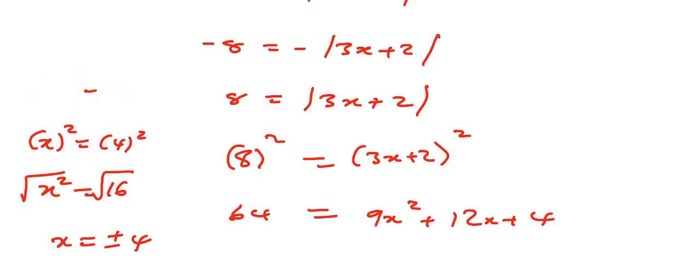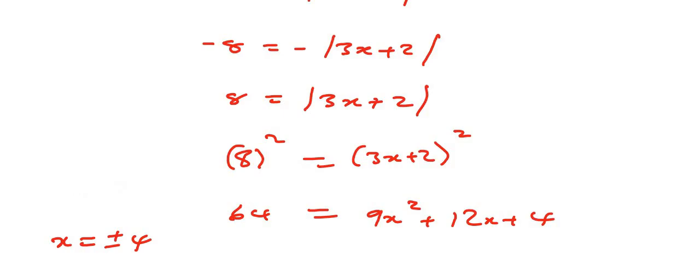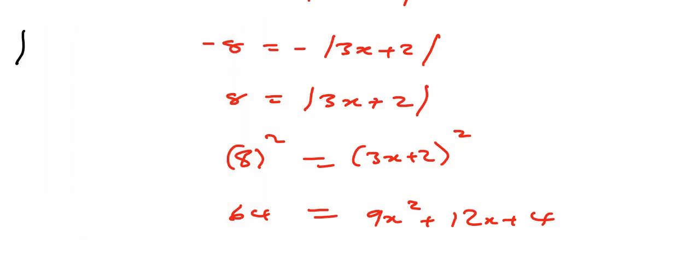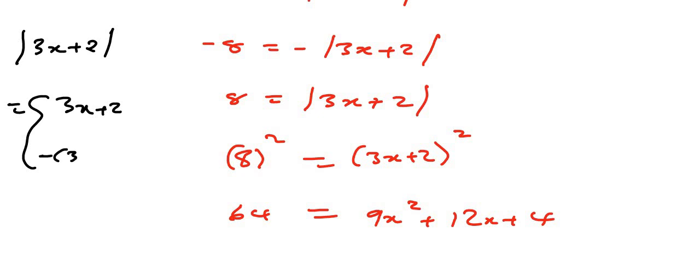What we do to the left, we also do to the right. Or alternatively, you can just give both cases. Remember we said these modulus expressions can be redefined to give us 2 pieces: the positive piece or the negative piece.